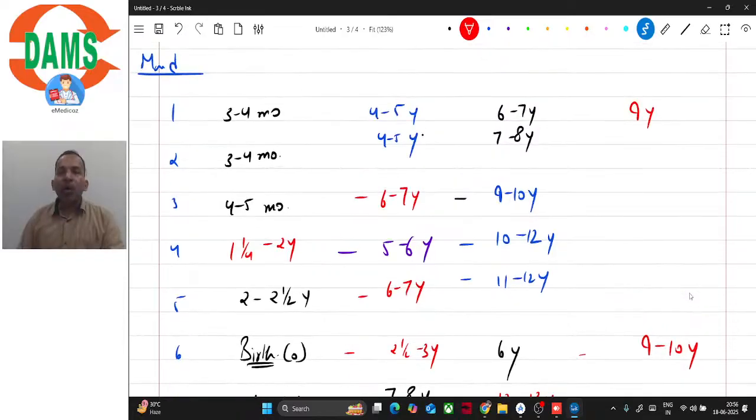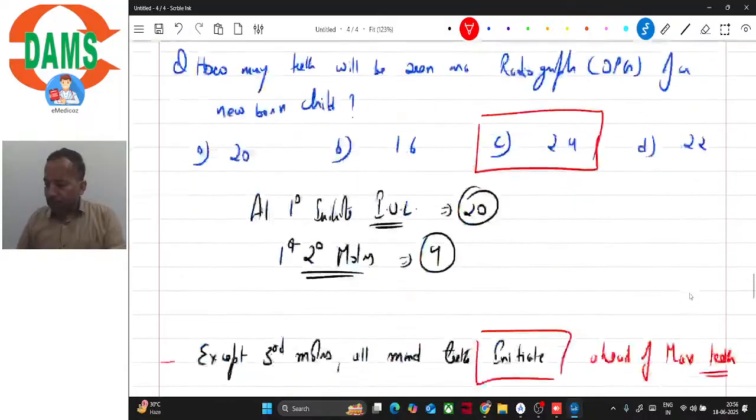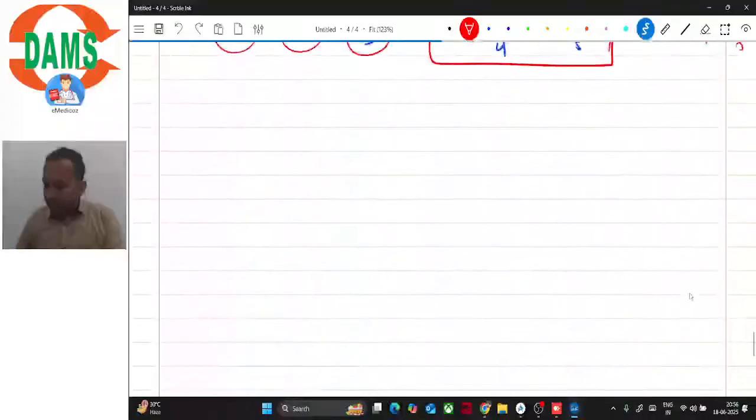Now we know that the roots of permanent teeth complete about 2.5 to 3 years after eruption, isn't it?